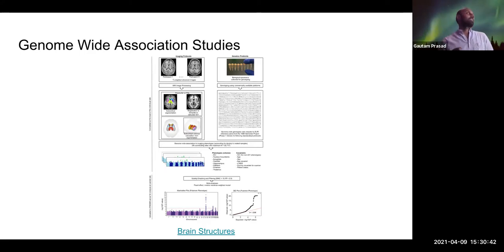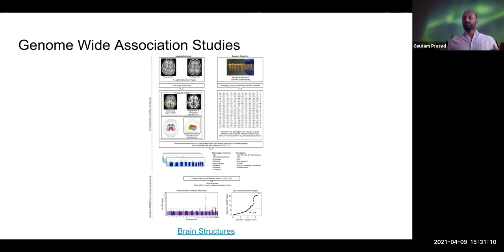So one situation where this is really important is genome-wide association studies. And the goal of these studies is we want to understand how our genetic code influences our bodies and our life. And the way you can think about this is our genetic code is a bunch of letters. And we want to understand how our genes affect, say, our brain structure.